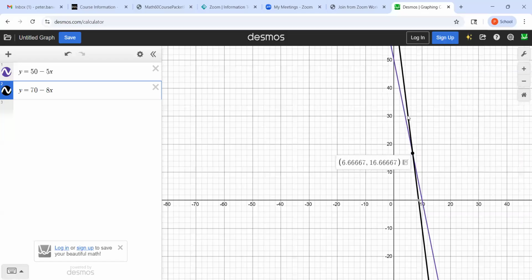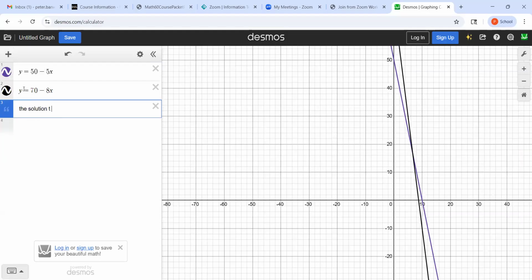Desmos is pretty good. If you click somewhere, it'll show you the point, but usually the point doesn't stick around unless it's important. Like an x-intercept will stick around and a y-intercept will stick around. But if it's not an interesting point like an intersection, it won't stick around.